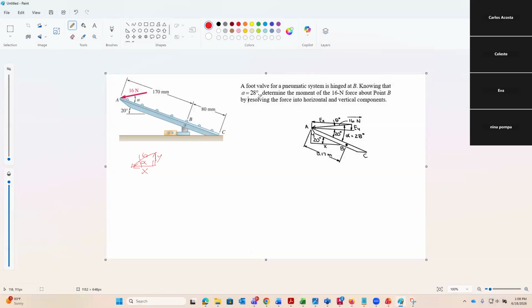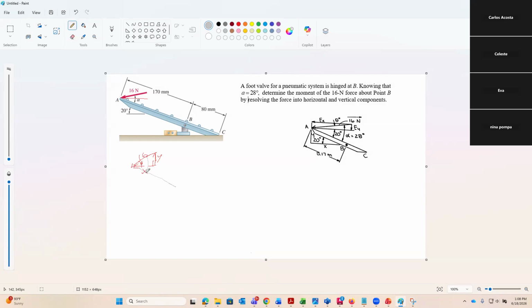So they're saying that the foot valve, knowing that alpha equals 28, so from here to here is, oh yeah, sorry, this is not alpha. I'm confusing you. That is not alpha. Let's erase that. Alpha is with respect to this plane, the actual platform.